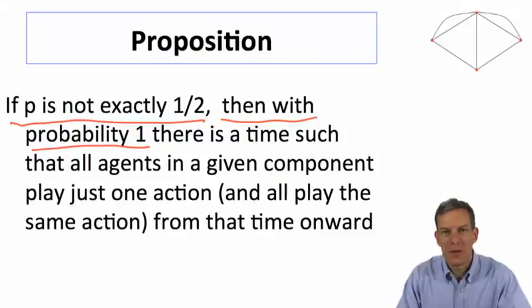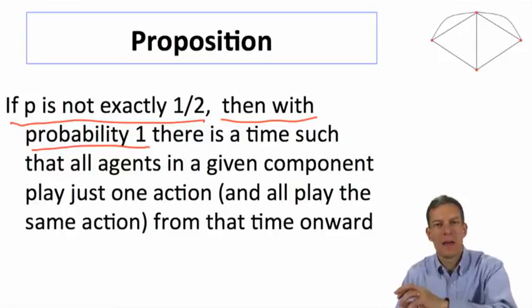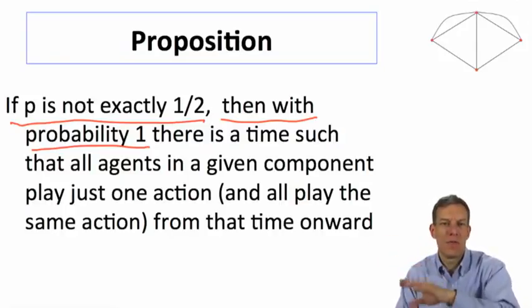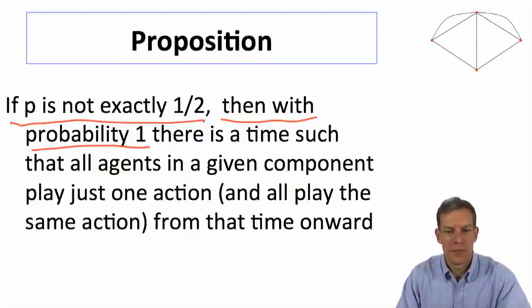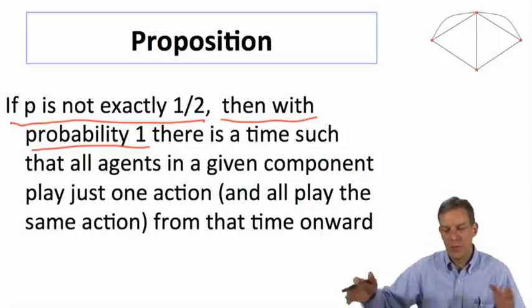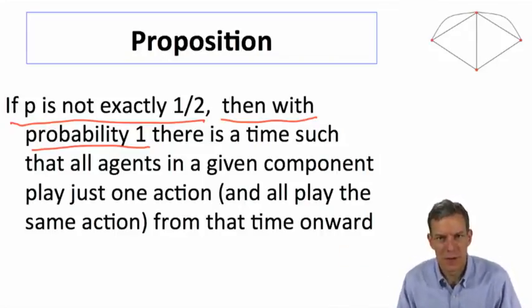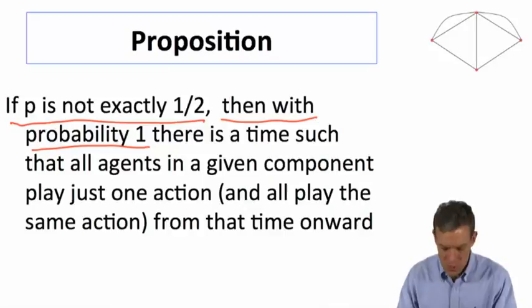So basically, as long as P is not exactly a half, where we would be indifferent, we're eventually all going to end up choosing the same action, and we'll just lock in on some action and play that forever after. So sometime we'll all eventually converge and play the same action forever.